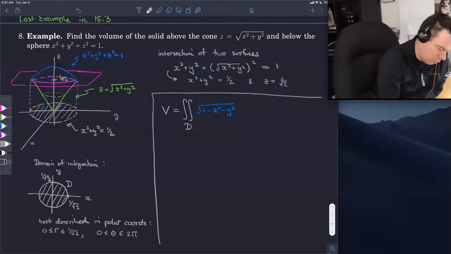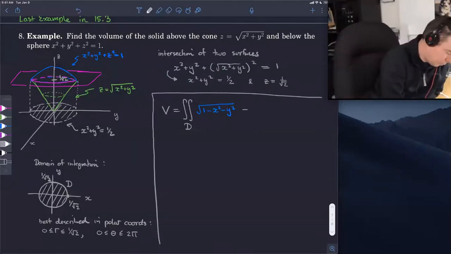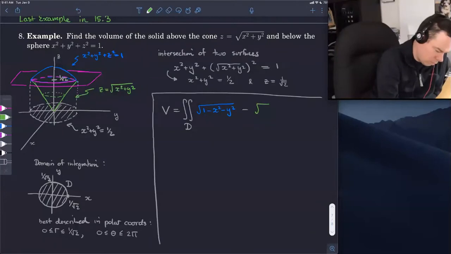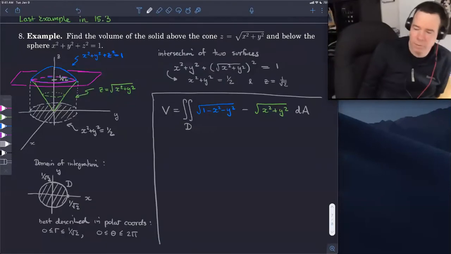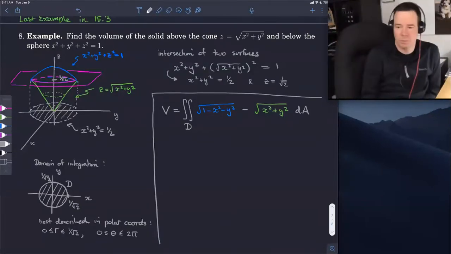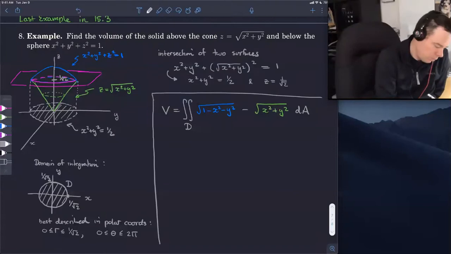But I want to remove the stuff that's underneath the cone. So I'm going to take away what's underneath the cone, which is the square root of x squared plus y squared, and that's going to be an area integral over the region D with respect to the area. Okay, so that's the integral we want.